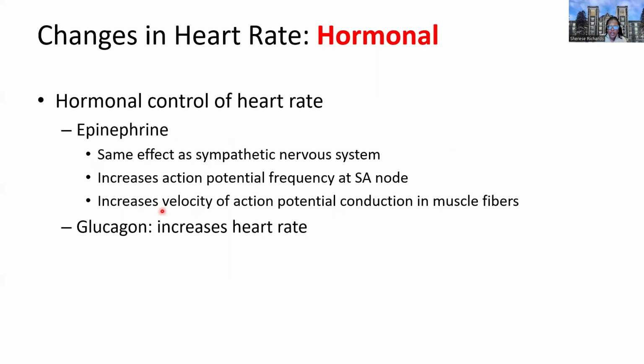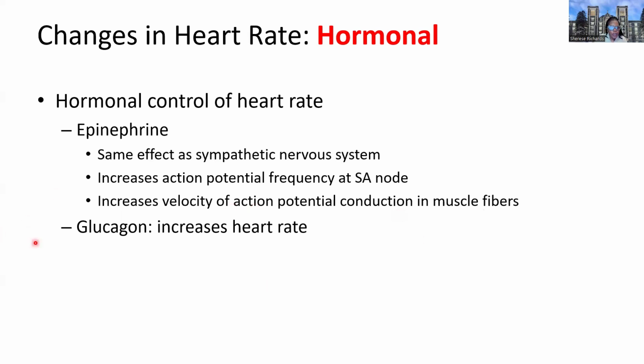And then we're going to see an increase in the velocity of action potential conduction in the muscle fibers, and we're also going to see an increase in the contractility. Remember, the sympathetic system affects the SA node and AV node, as well as the contractile cells of the ventricular myocardium. Okay.